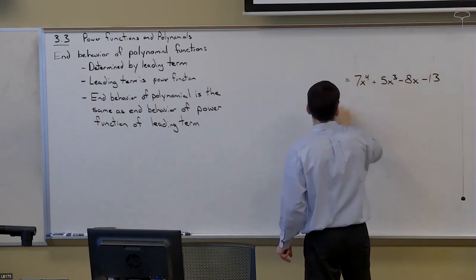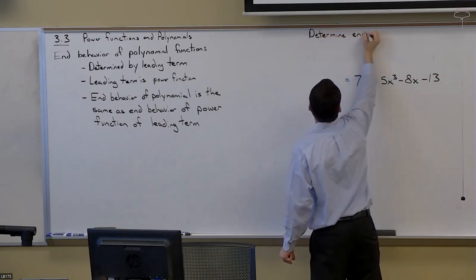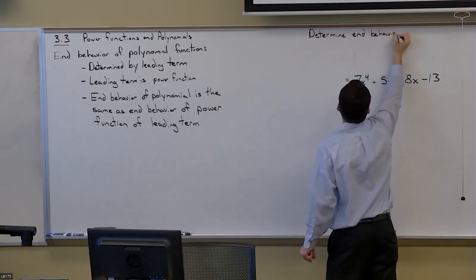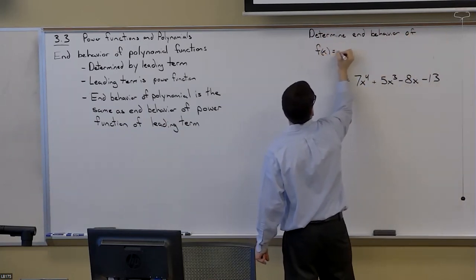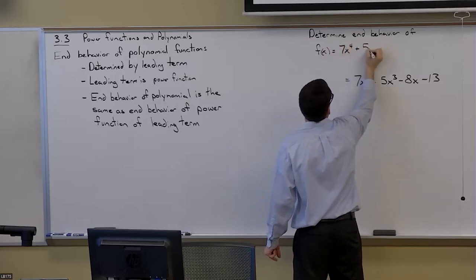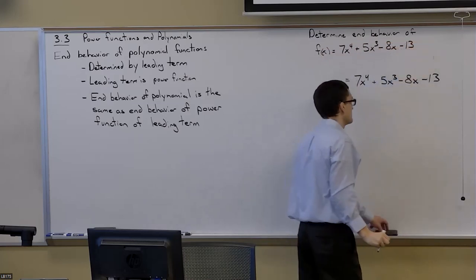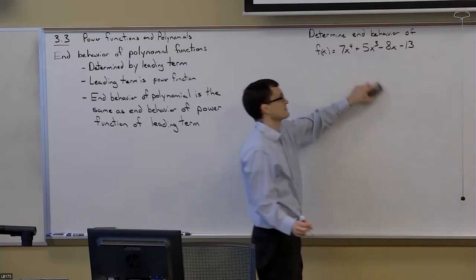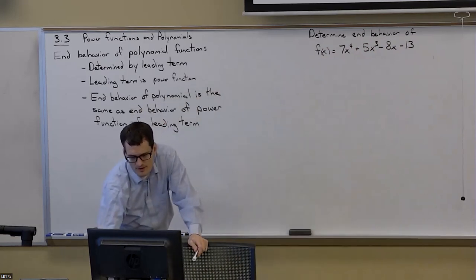So let's go back to the same polynomial here, and let's determine the end behavior of f of x equals 7x to the fourth plus 5x to the third minus 8x minus 13. That makes sense.